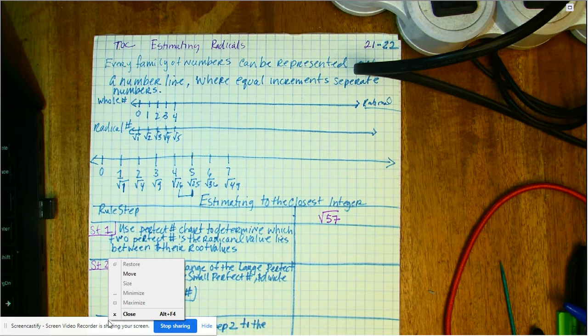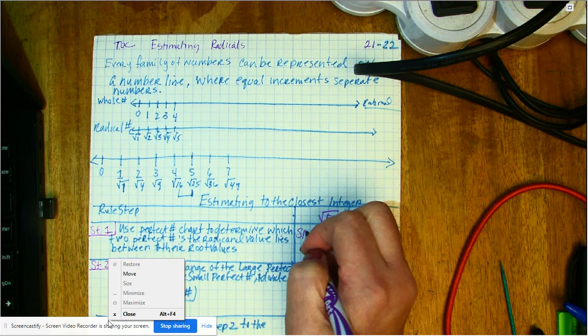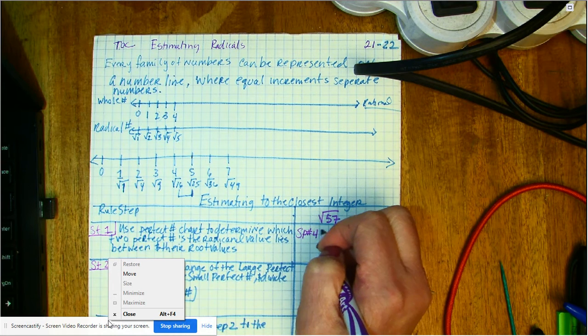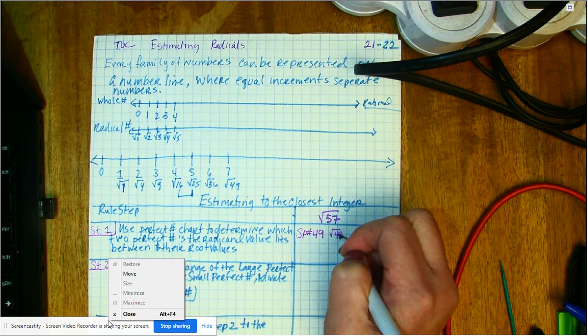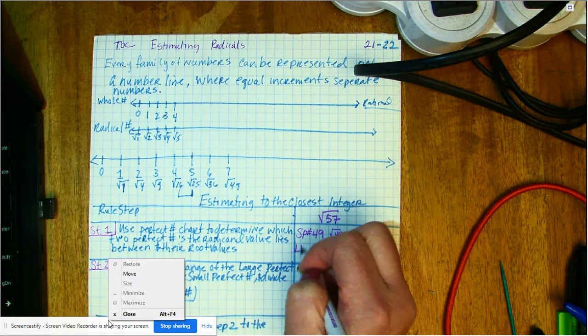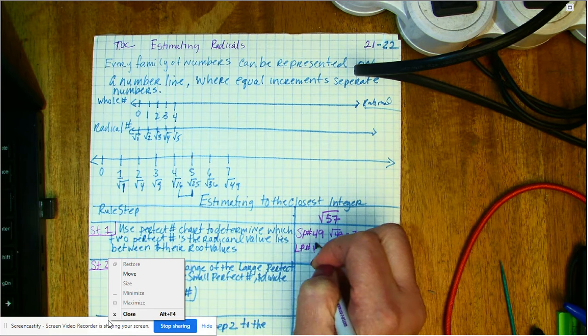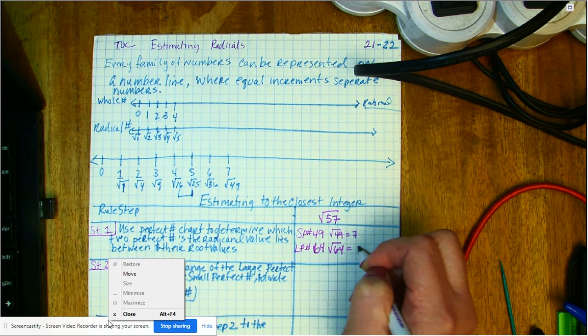Well, radical 57, if you looked at your root chart, falls between the smaller perfect number, 49, and we know the square root of 49 equals 7. And the large perfect number is 64, and the square root of 64 is 8.